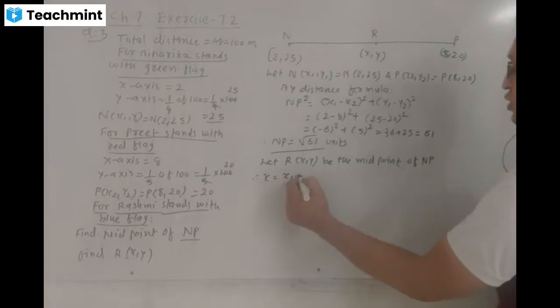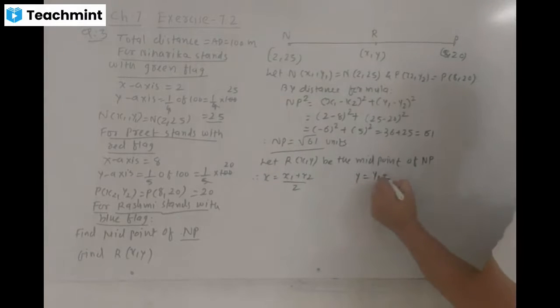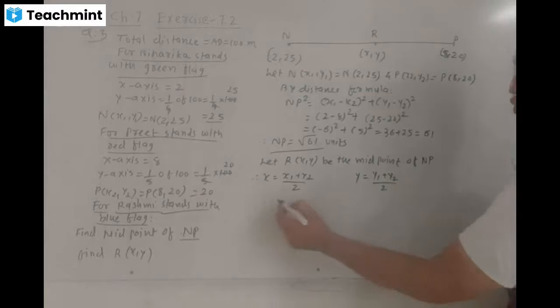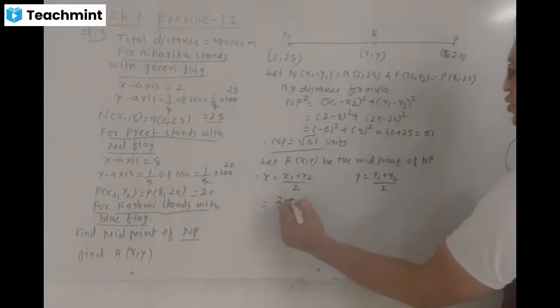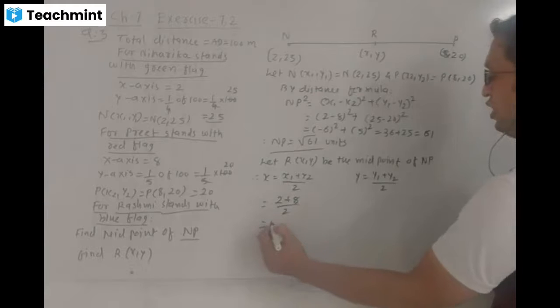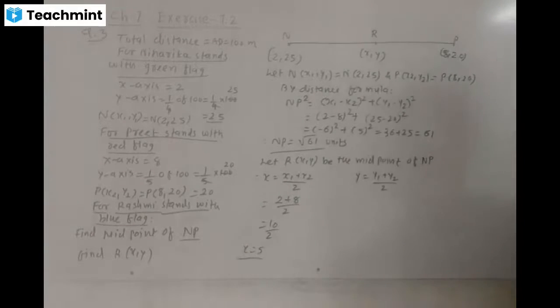By the midpoint formula, x is equal to (x1 plus x2) by 2, and y is equal to (y1 plus y2) by 2. What is x? 2 plus 8 by 2, that is equal to 10 by 2, which is equal to 5. Therefore, x is equal to 5. y is equal to (y1 plus y2) by 2, 25 plus 20 by 2, that is equal to 45 by 2.